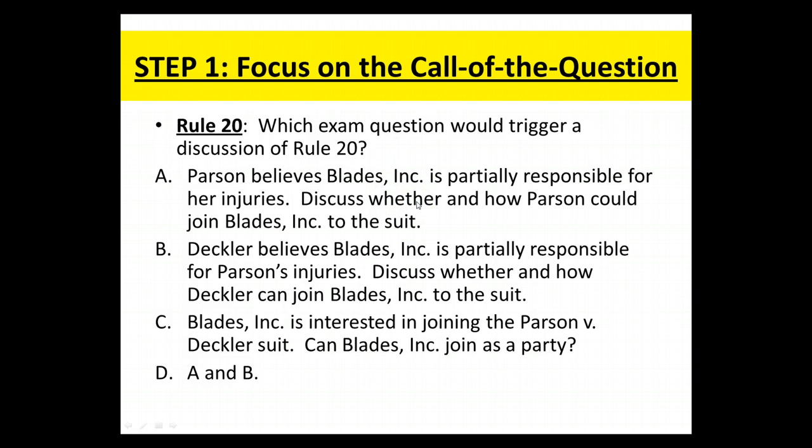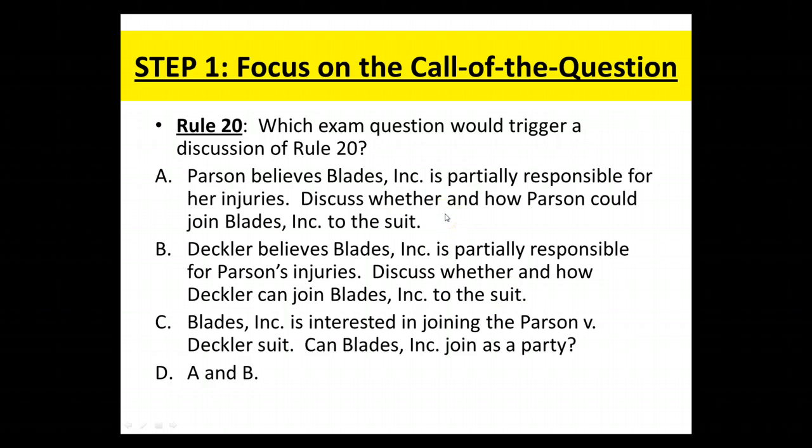Realize your professor might be looking for you to talk about a rule and say that in the end, ultimately, it will not help to provide joinder of the party at issue. That doesn't mean that you would rule out that rule. In fact, you'd want to say it's triggered by this conversation, but it's just that in the end, ultimately, it will not help with the joinder at issue.